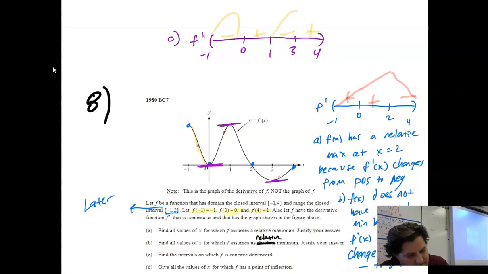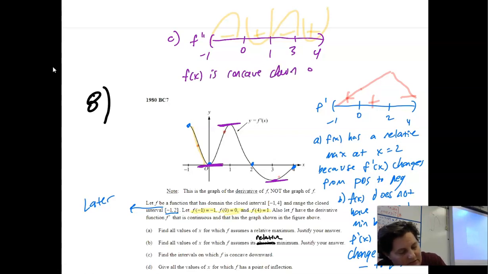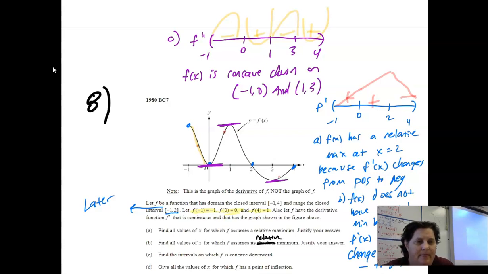Okay, so I have concave down, concave up. So letter C is asking me, find the intervals where it's concave down. So I'm going to say f of x is concave down on the interval -1 to 0 and 1 to 3. All right, that's where it's concave down.